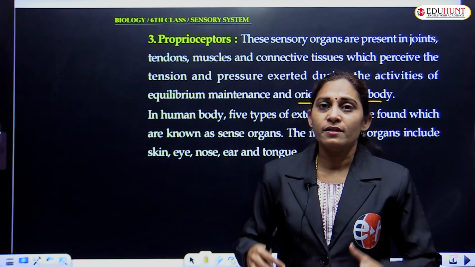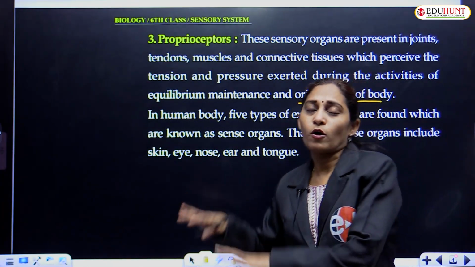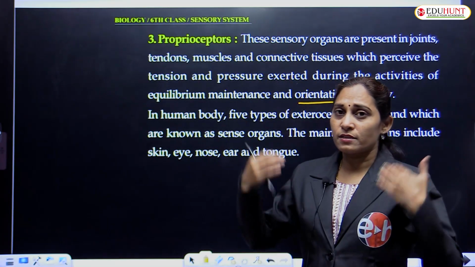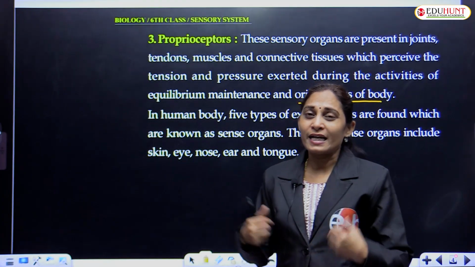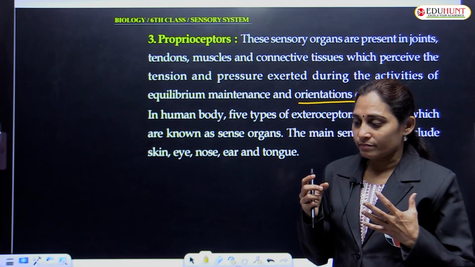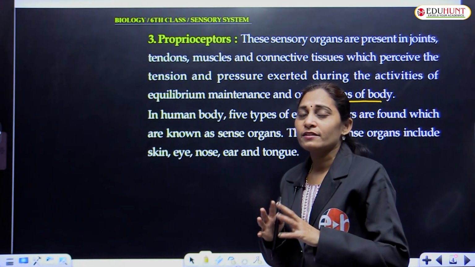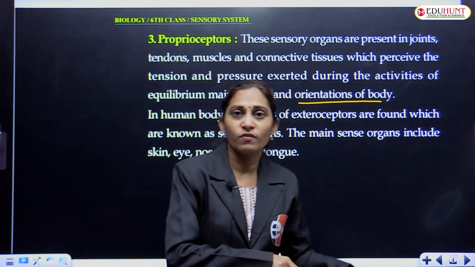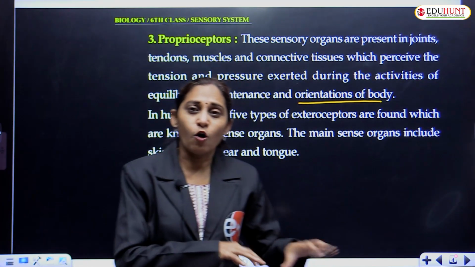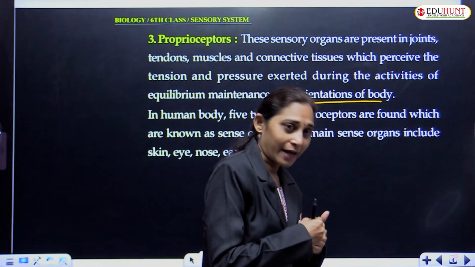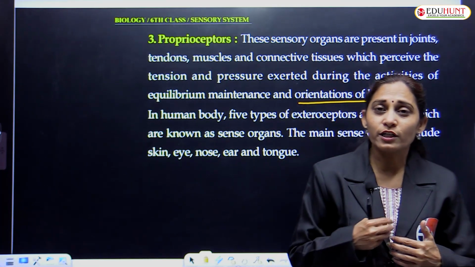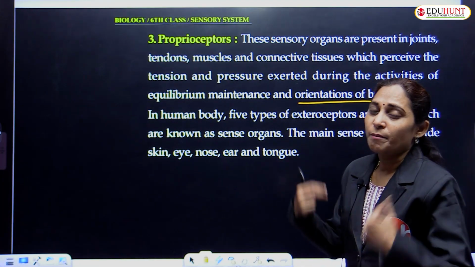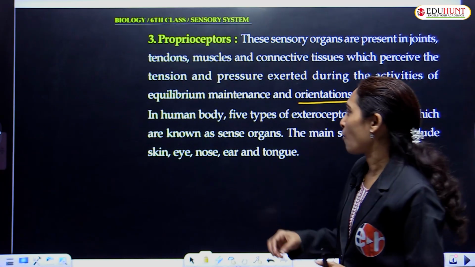If we are in a sitting posture, our muscles, tendons, and connective tissue align in one way. If we stand or move, according to the action of the body, the muscles and tendons respond and react.